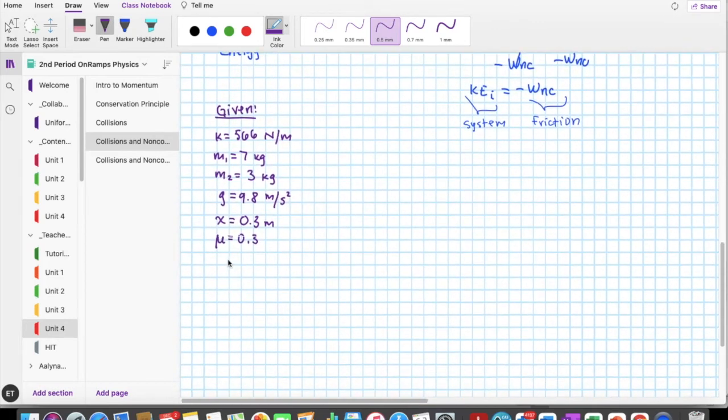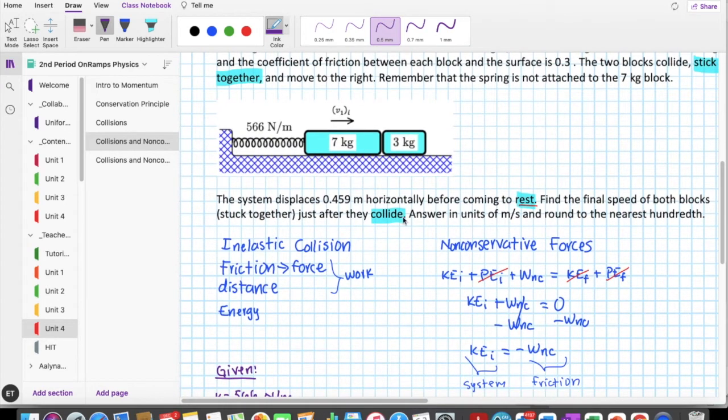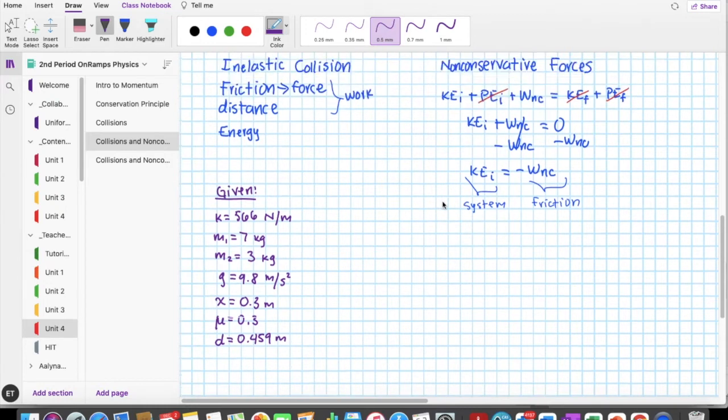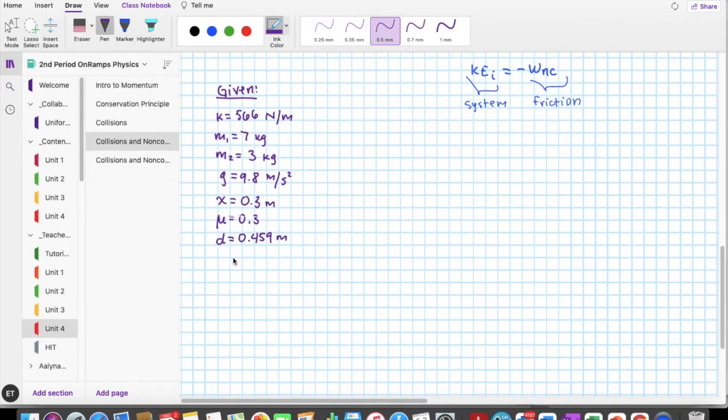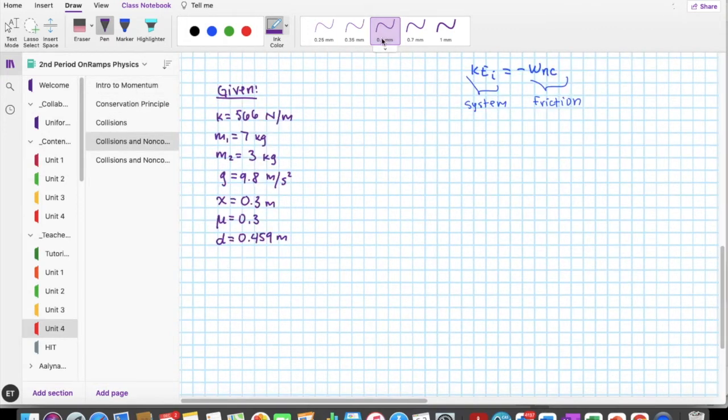So I'm just going to use the letter D for displacement, or you can think of a distance with the direction, right, horizontally: 0.459 meters. Okay, and we need to find the velocity after the collision, and it is an inelastic collision, so we know that the final velocity we'll label as V final. So we need to find V final.